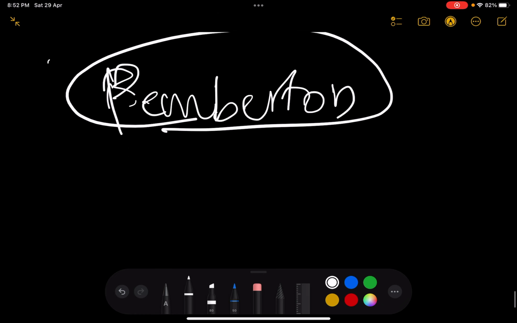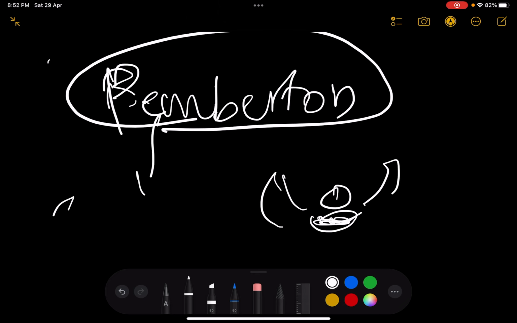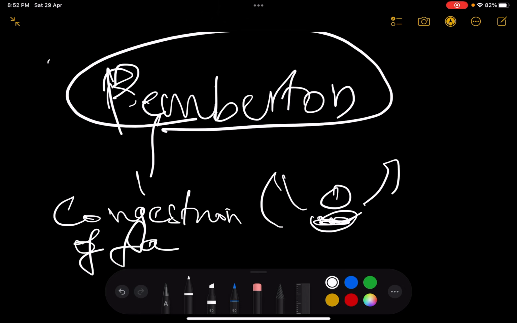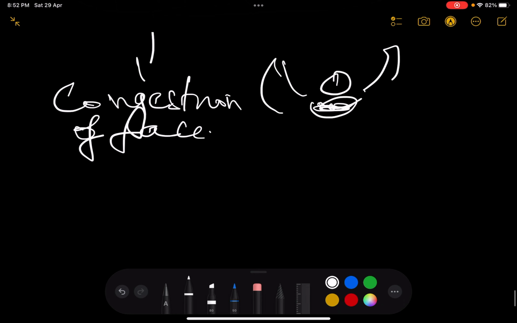Pemberton is basically when you raise your hands. Because of the abduction of the arms, the thoracic inlet narrows down and there's increased pressure in the thoracic inlet, because of which there's congestion of the face. That's called the Pemberton sign.